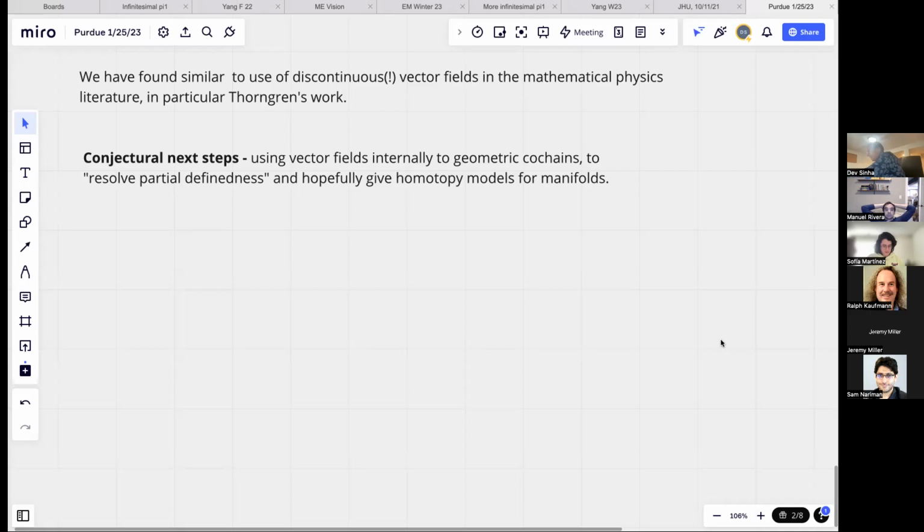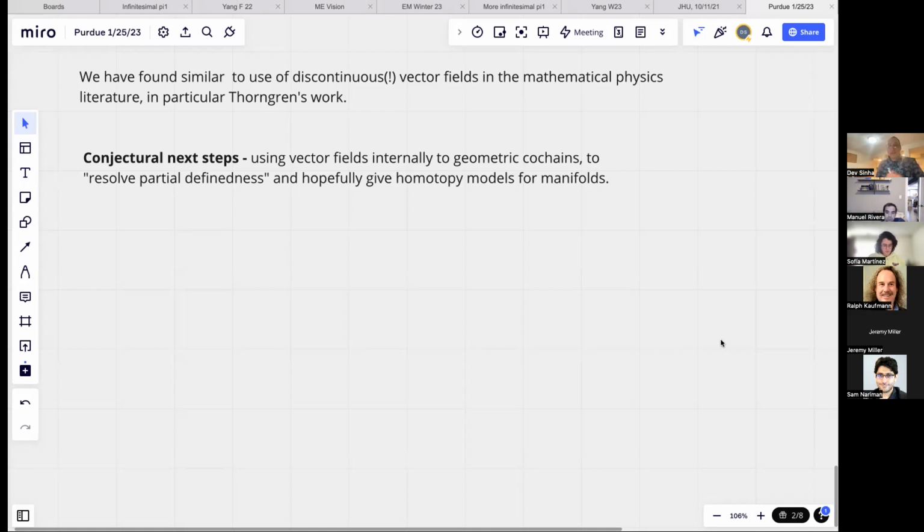I don't think I'll need that, but hopefully we get to the next steps. So we used vector fields to compare the intersection product, the fiber product, the smooth topology product, with the more combinatorial product from the cubulation.